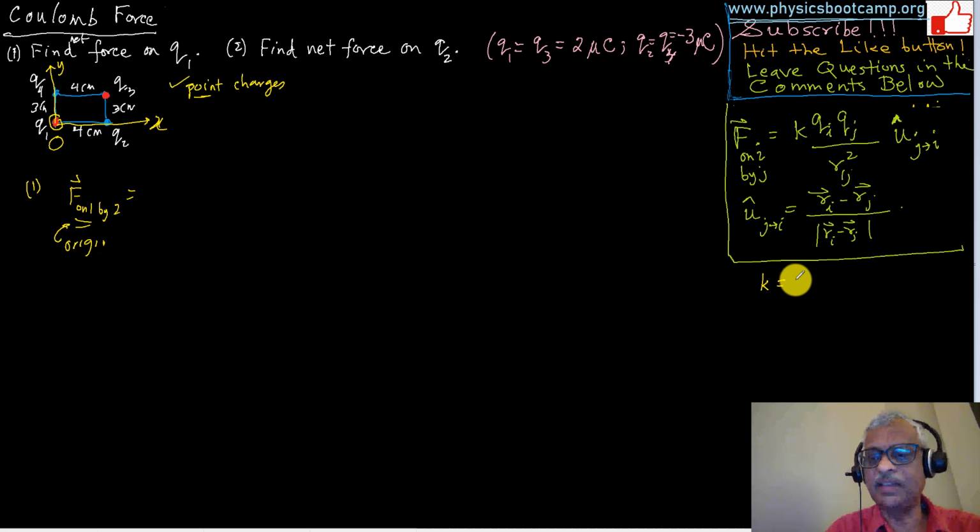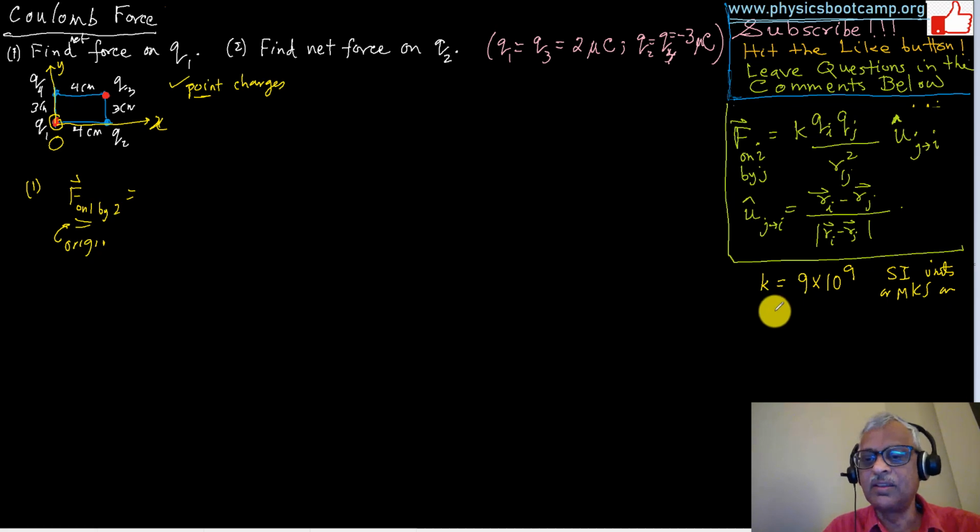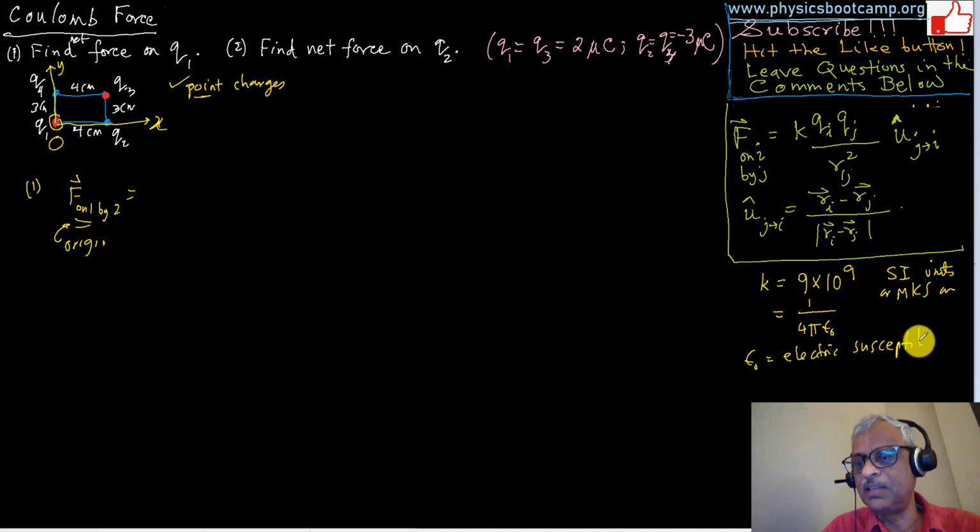We didn't talk about k. K is actually 9 times 10 to the power 9 in SI or MKS units, and this is equal to 1 over 4 pi epsilon naught, where epsilon naught is the electric susceptibility of vacuum, or empty space.